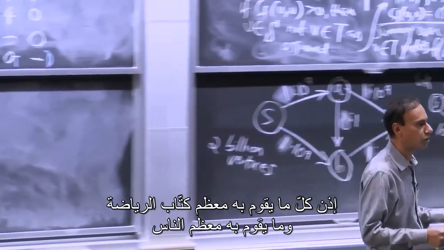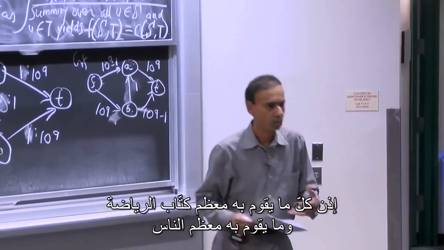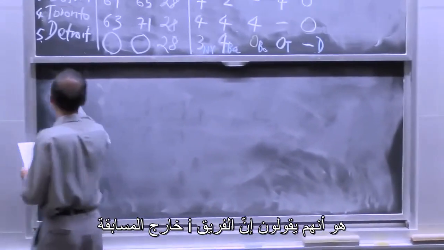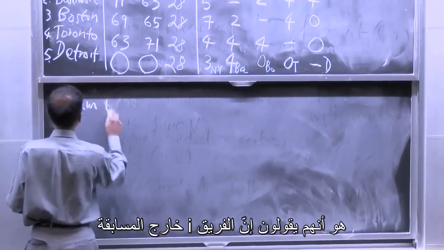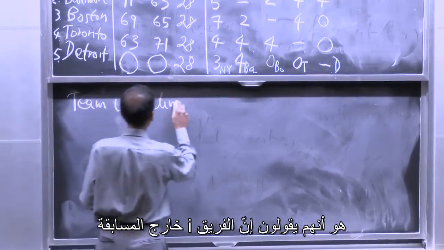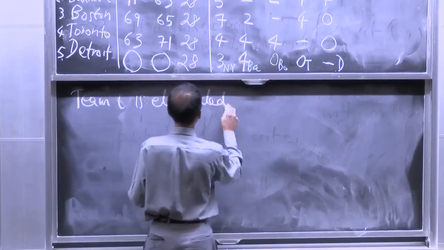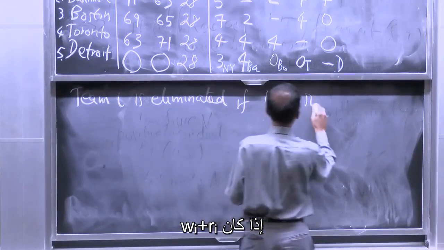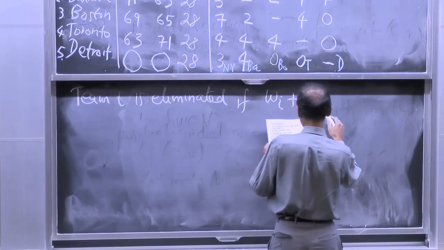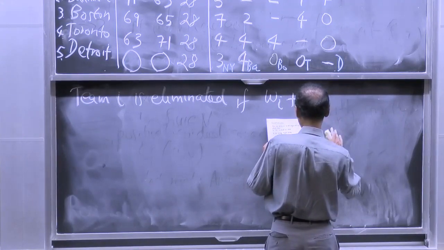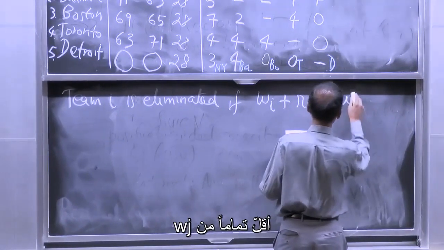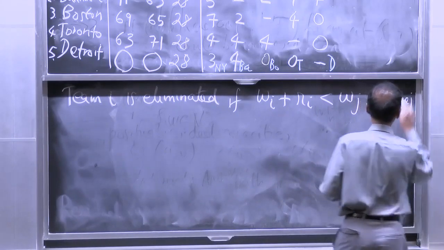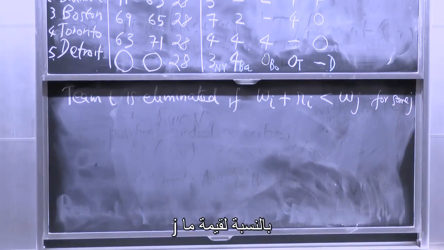So all that most sports writers do, most people do, is they say team I is eliminated if WI plus RI is strictly less than WJ for some J. Right?